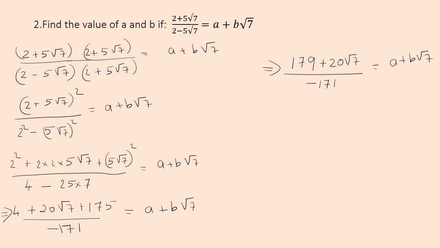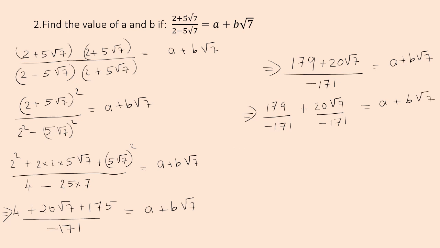Now the denominator is minus 171. You can split it and write it as 179 upon minus 171 plus 20 root 7 upon minus 171 equal to a plus b root 7.